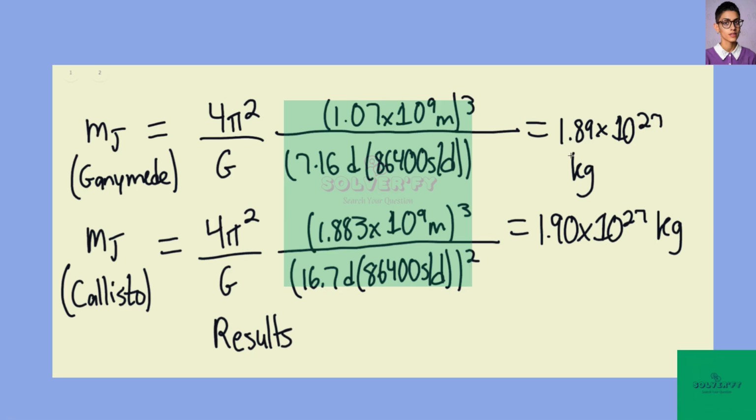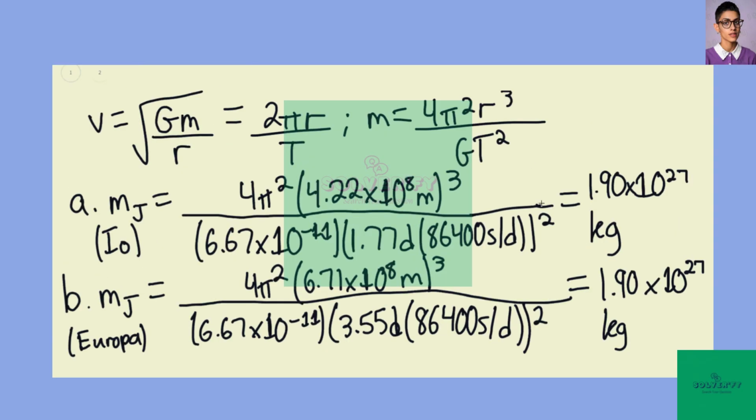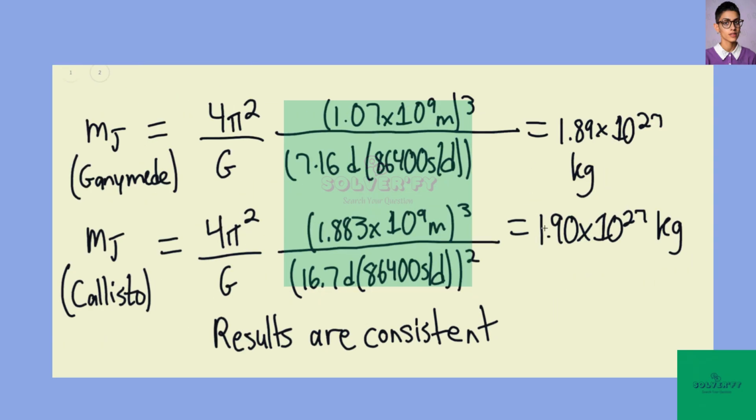When dealing with planets, it's actually very accurate. So here, the results are consistent, especially when we're simply using Newton's laws. We're not using any computer software to calculate the mass. So given that we're using only algebra, these figures are very consistent. That is the end of the solution.